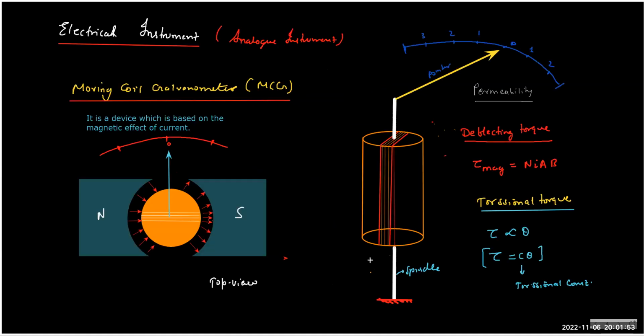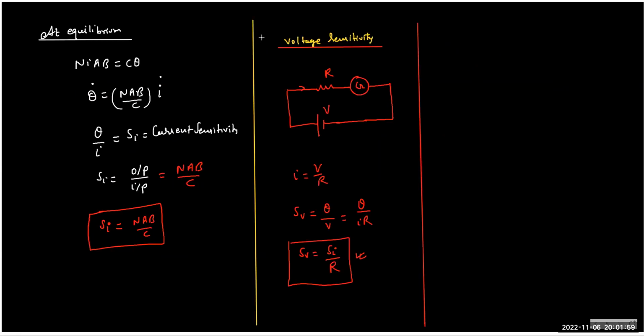Now this device which we have created here, called the moving coil galvanometer, when it comes to the circuit representation, we simply write G as the name of the device, and every device will have some internal resistance.